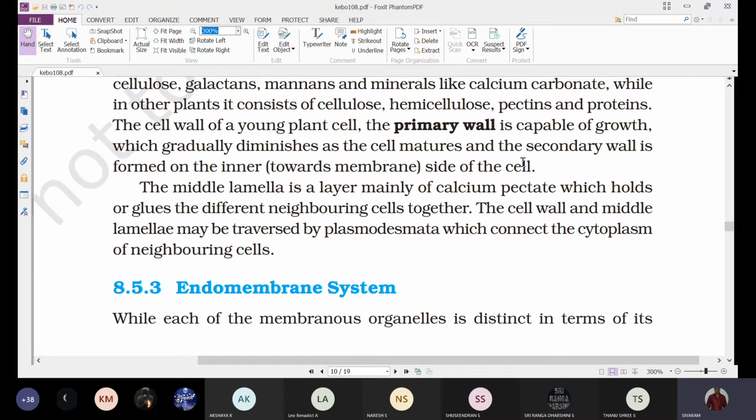And these cytoplasmic strands which extend between the adjacent cells, we call plasmodesmata, which are very important for providing communication between the neighboring cells.